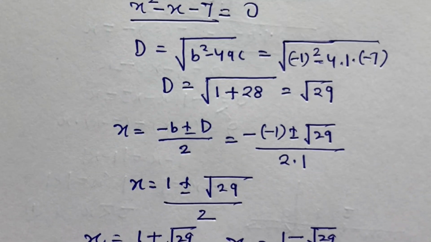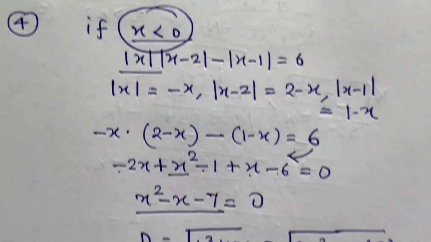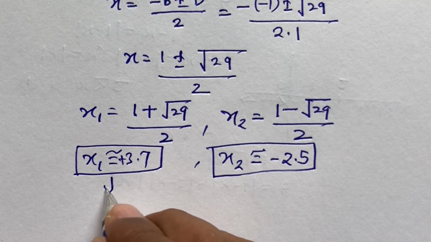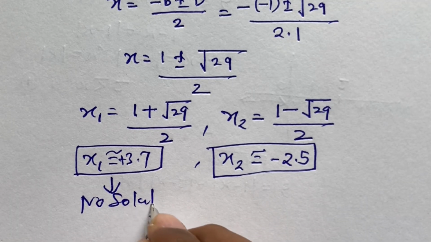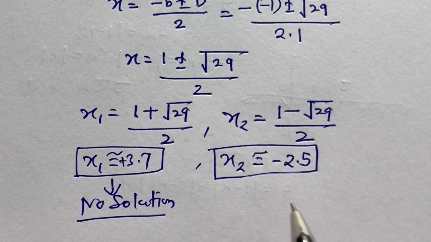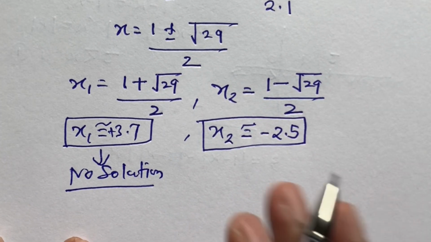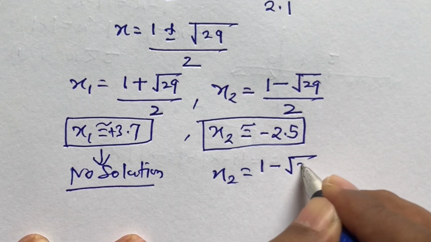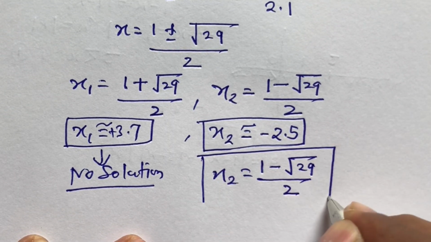As our condition is x less than 0, x1 equal to plus 3.7 is not a solution for this condition. However, for x less than 0, x2 is a solution. So x2 equals 1 minus square root of 29 divided by 2 is a solution for this condition.